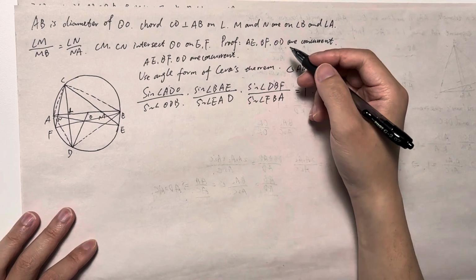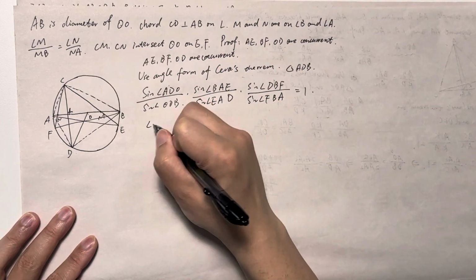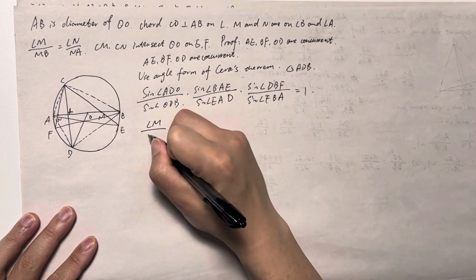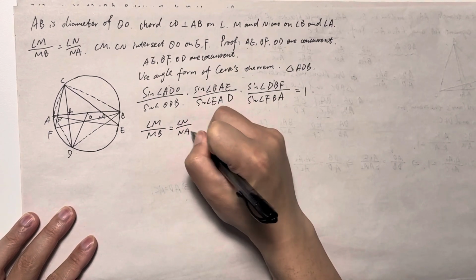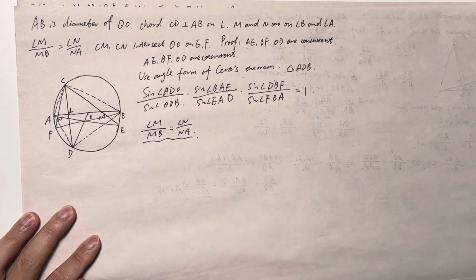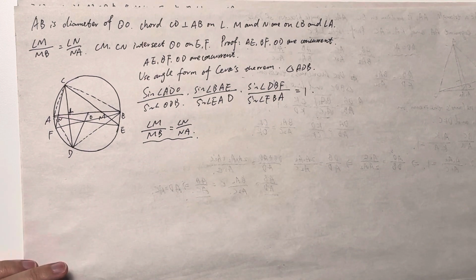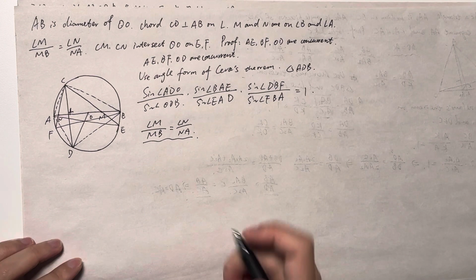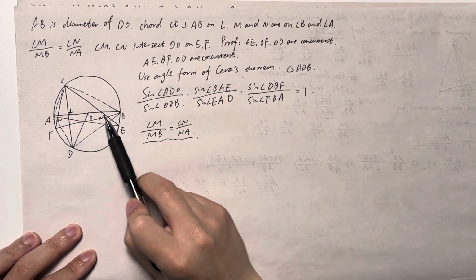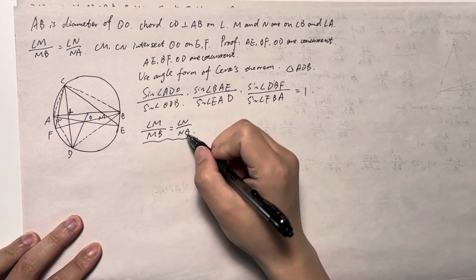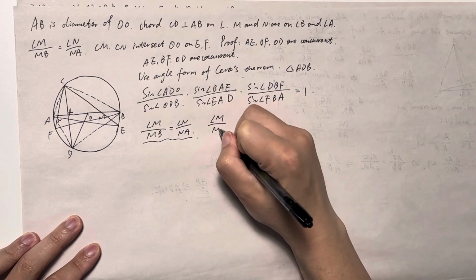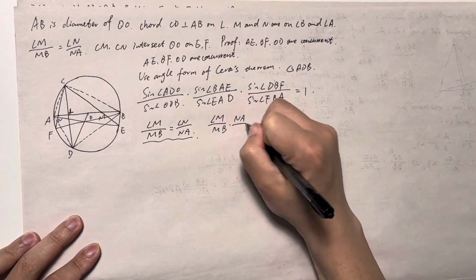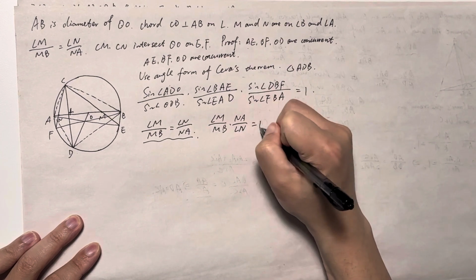We look at the condition we have. We have a condition that LM divided by MB equals LN divided by NA. Let's transfer this condition to the angle form. So this equation, we can reform it as LM divided by MB times NA divided by LN equals 1.